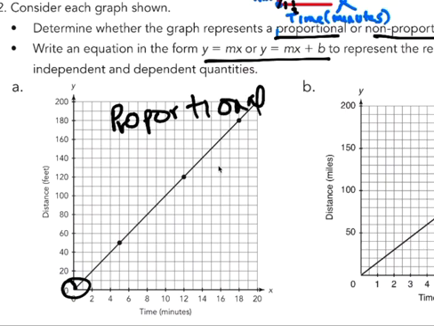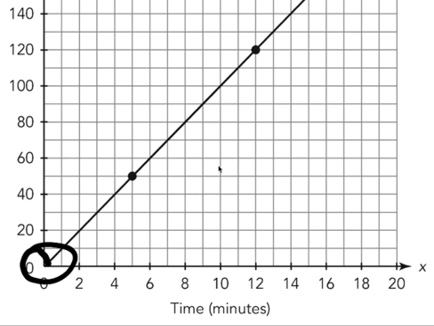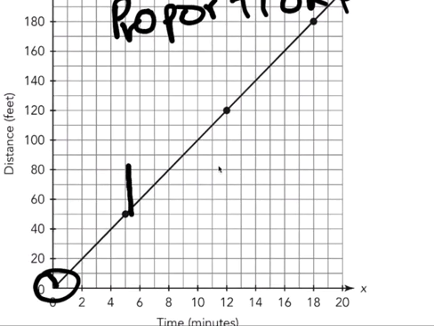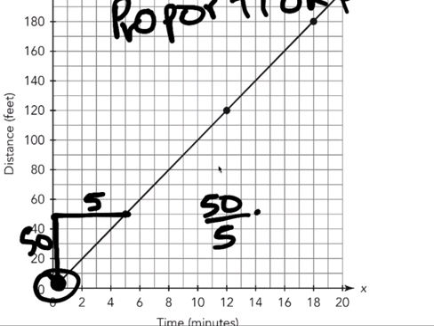And write an equation. Well, let's see. The origin to there is 50. We went up 50 and over 5, right? So 50 over 5. The constant rate is 10.